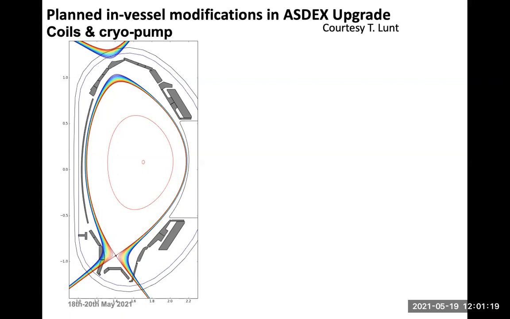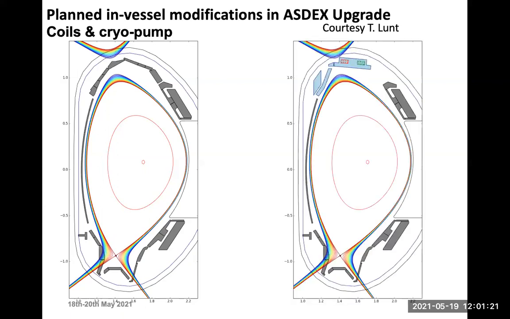ASDEX Upgrade can't. But because we have a lot of smart people, they've come up with a new concept where you modify the target shapes here. You introduce here this red and green thing, poloidal field coils that go around in the toroidal direction that can run current, and they can modify the poloidal field.